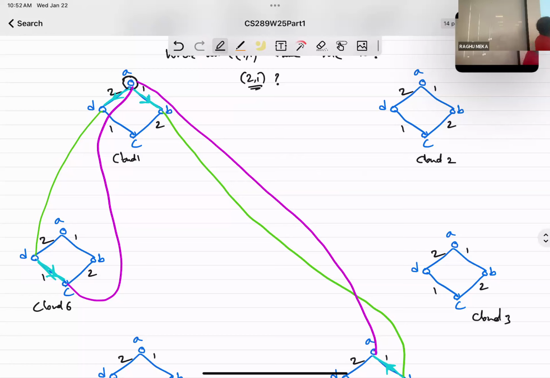If I'm here and I immediately hop across, then I'm not connected to vertices within my cloud. So I have to connect myself to things inside first. So I take a hop, then go across clouds using G, and take another step there. Taking two steps in clouds is basically like squaring, but in between, we are interspersing it with this G step.